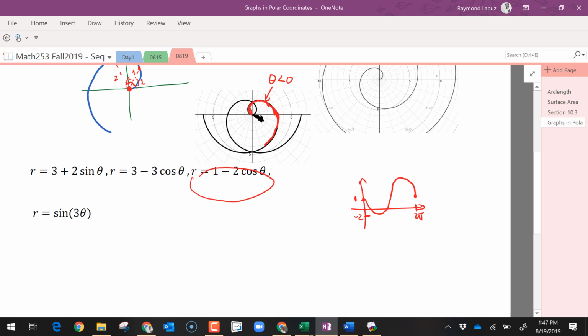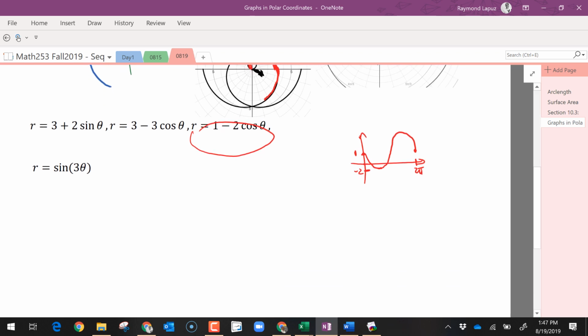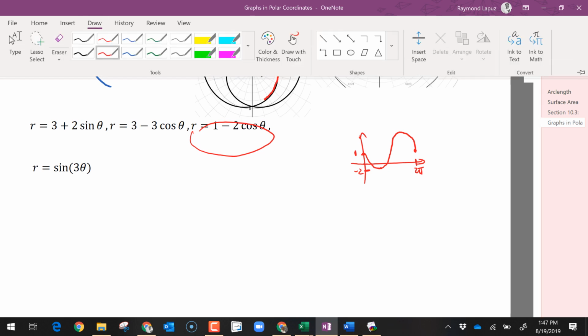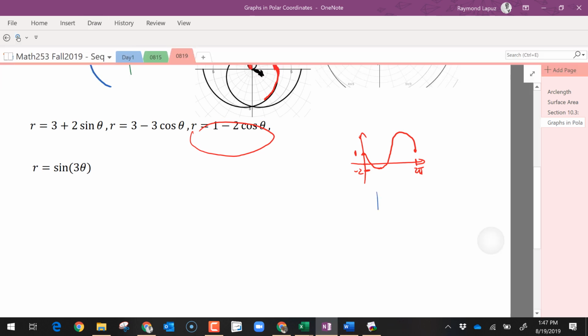So what you could do is you can think about how this is going to be drawn by looking at the graph in polar coordinates. Miguel, yeah.